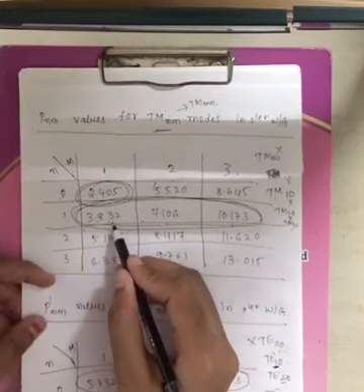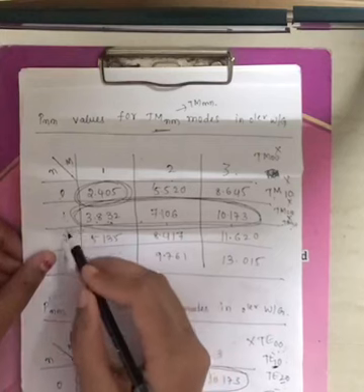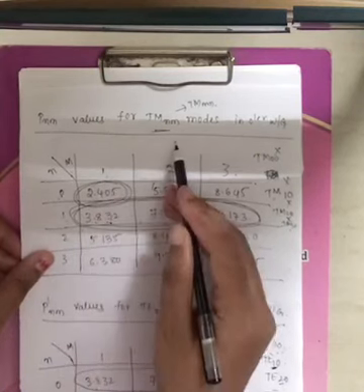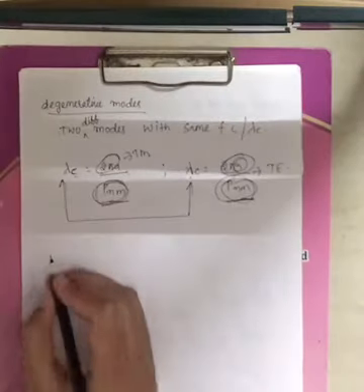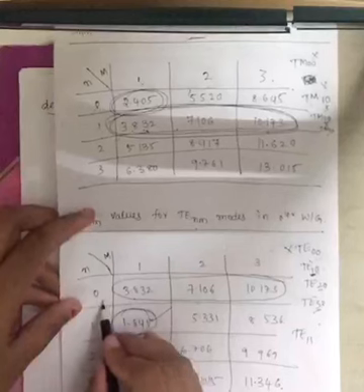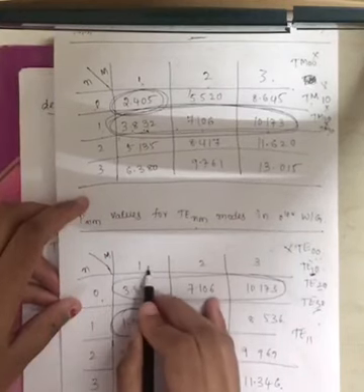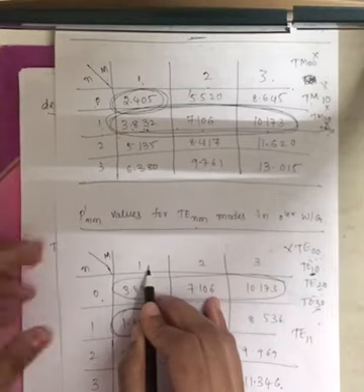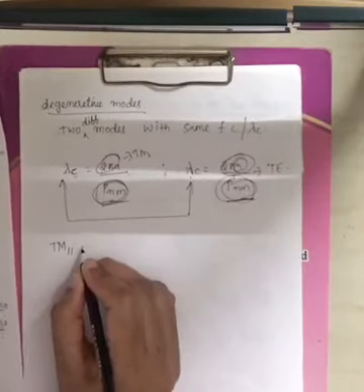Here you have 3.832. Now this is for n equals 1 and m equals 1, under which mode of propagation? TM mode of propagation, right? Now TM11, and here you have n equals 0 and m equals 1, TE01.